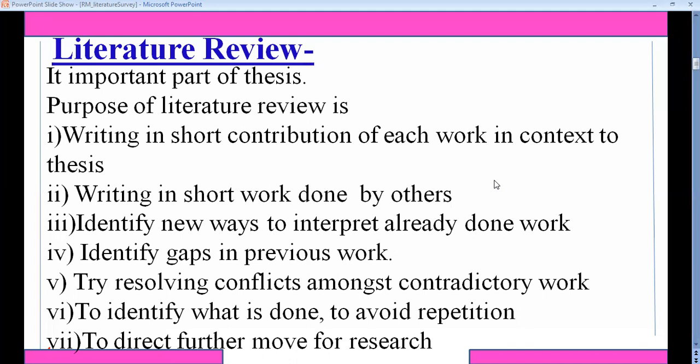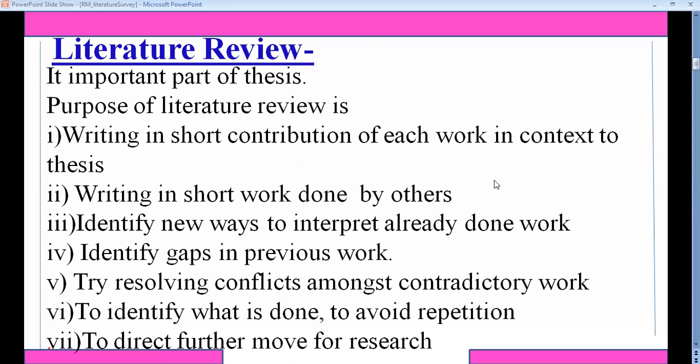There is also one more way. In addition to this, we make a table. We create a table for each research paper: what they have done, what is the range of parameters they have used, what is the boundary condition they have used. That we have to put in the table. If you put it in the table, it becomes very quick.